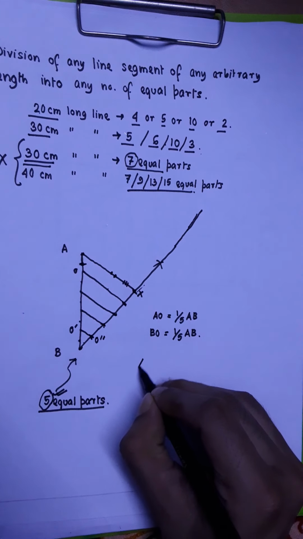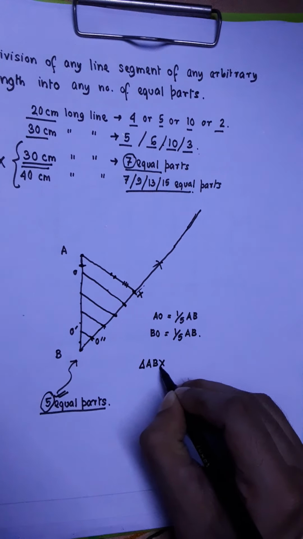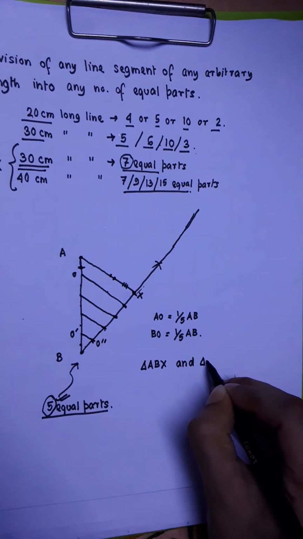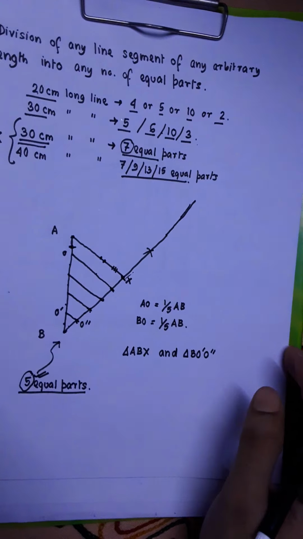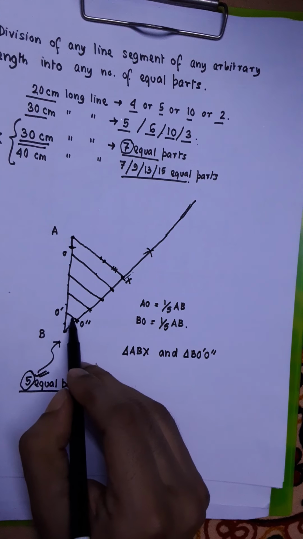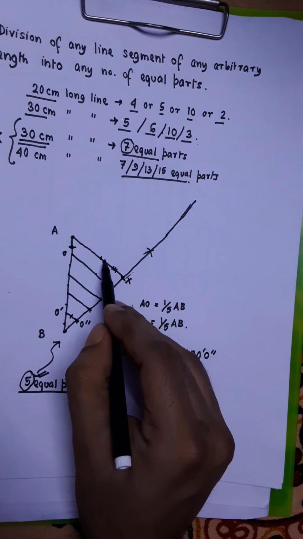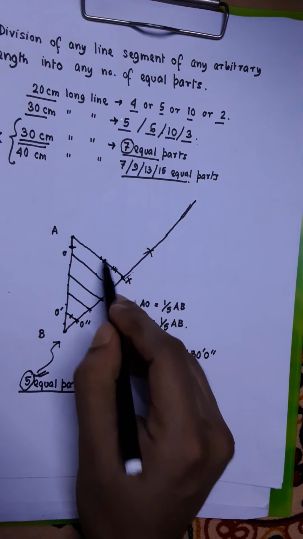Now you take two triangles, triangle ABX and triangle BO dashed O double dashed. Now in these two triangles you see this side and this side are parallel, this side and this side are parallel.